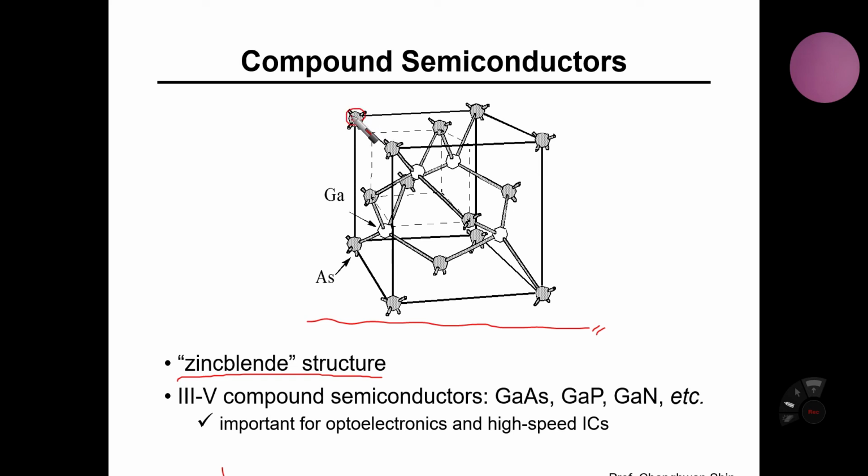Here, arsenide. Here, the white colored one, gallium. So for gallium arsenide, a 3-5 semiconductor, the ratio of gallium to arsenide is 1 to 1. Therefore, for each seat for atoms, once this seat is filled with arsenide, another seat should be filled with gallium.